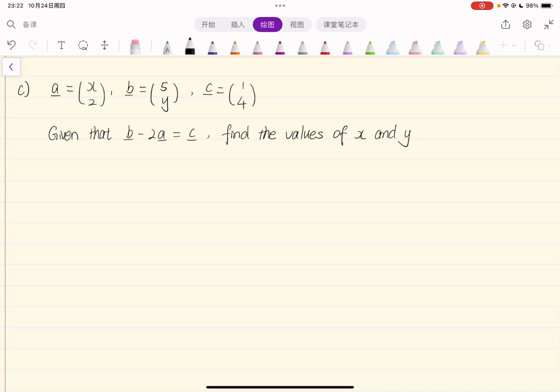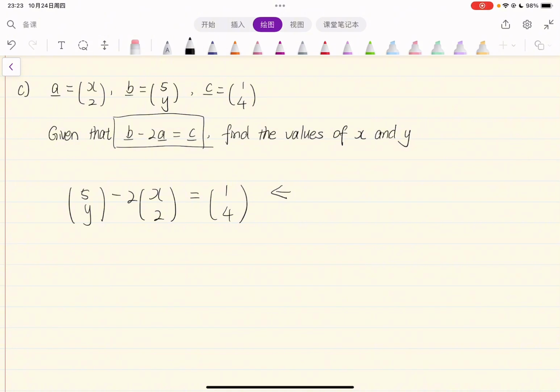Following this equation, we can get (5, y) minus 2 times (x, 2) equals (1, 4). For the x components, we get 5 minus 2x equals 1.